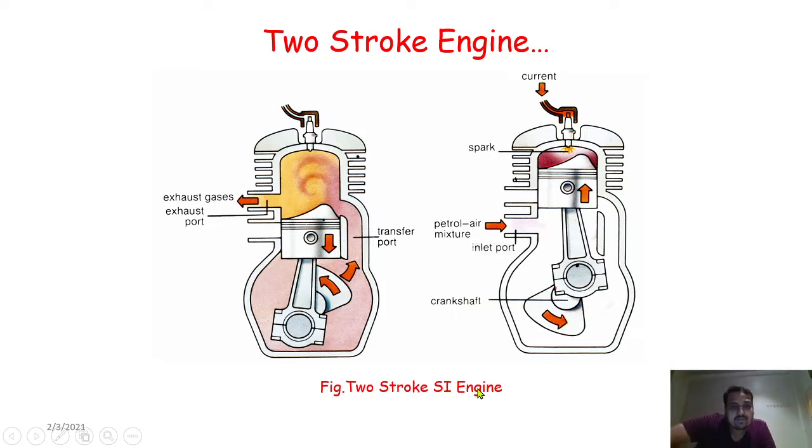Let us assume a few things before going to understand the working of the two-stroke engine. Please concentrate on my statement. Please consider that from earlier strokes, some amount of air-fuel mixture is already present inside the engine cylinder.